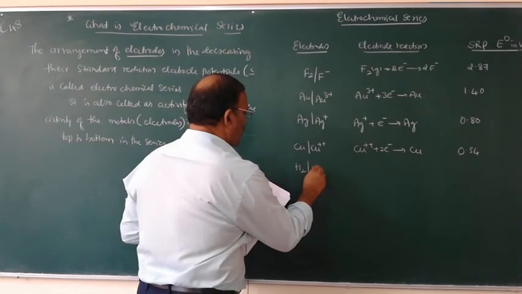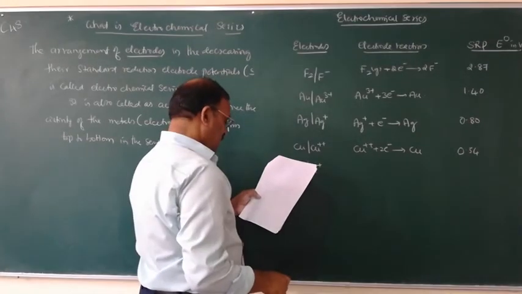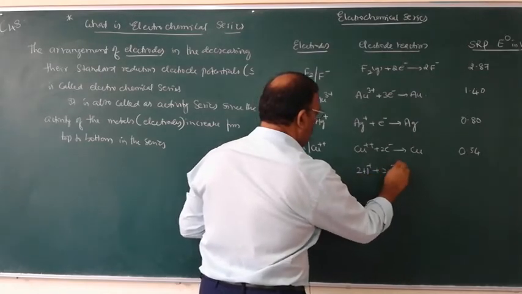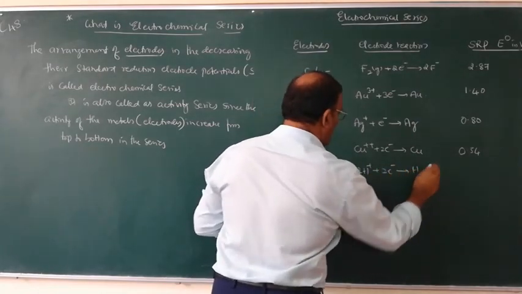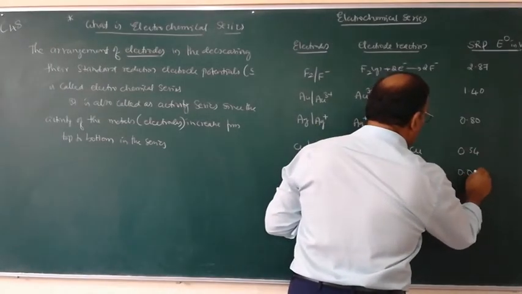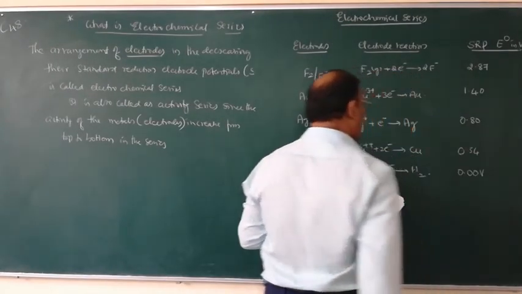Hydrogen bar hydrogen ions: 2H plus plus 2 electrons gives H2, 0.00 volt.